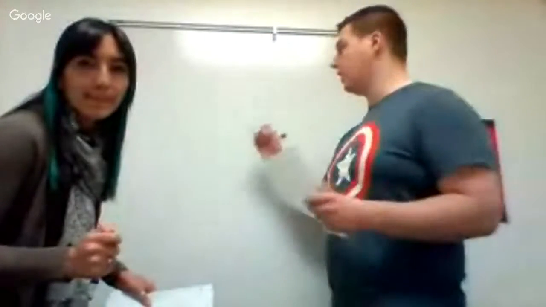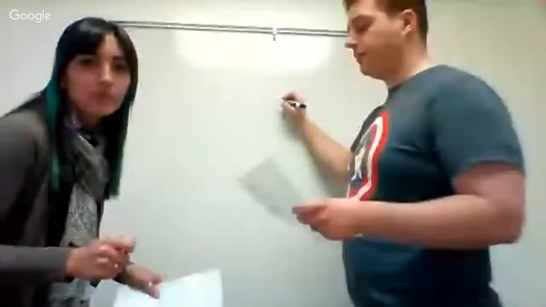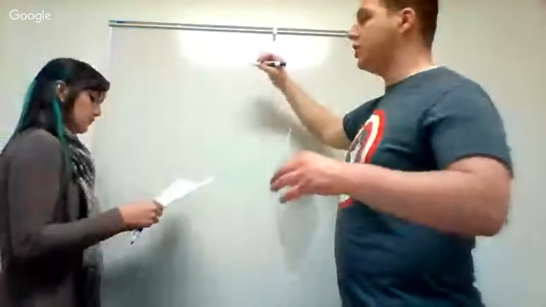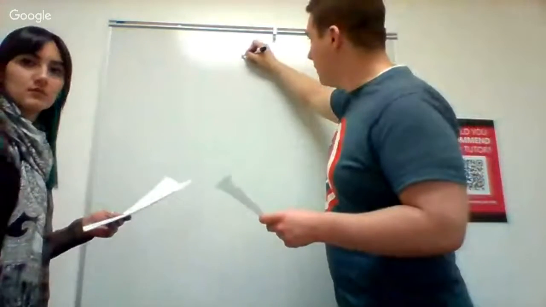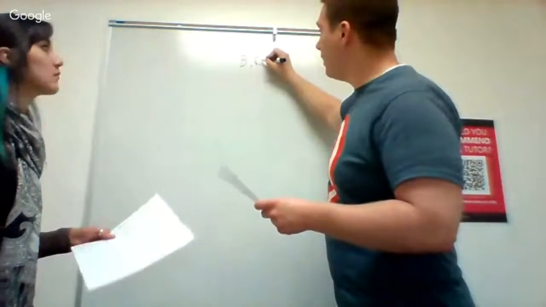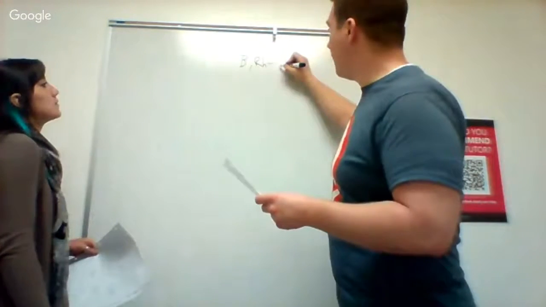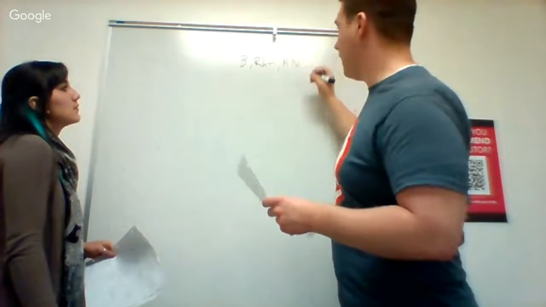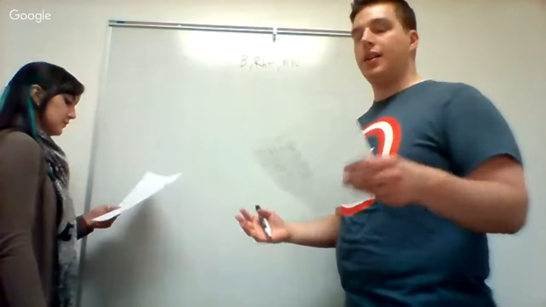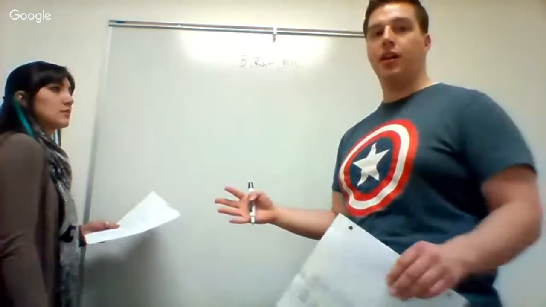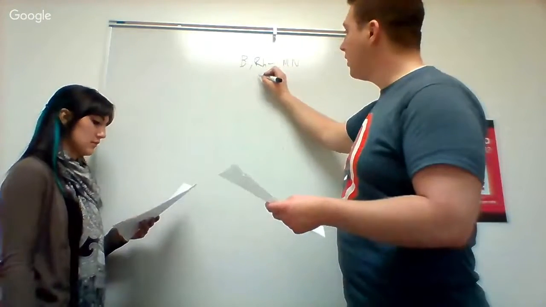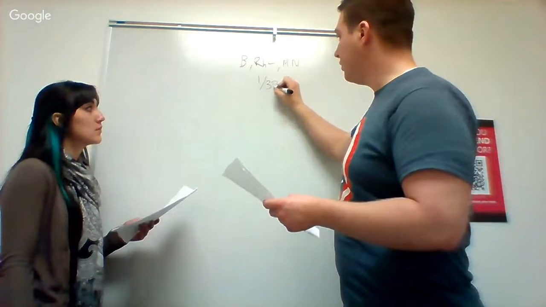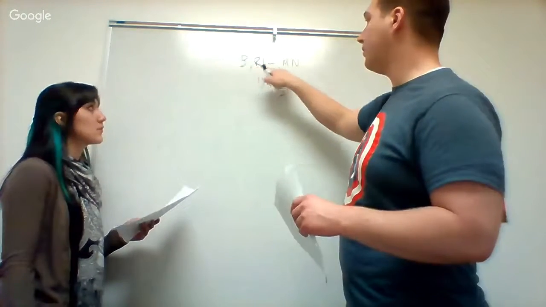It gives the genotypes of the parents, and it asks what the ratio of the genotype of a child with type B blood, Rh negative, and MN would be. So we used the 4-line method with the parents' information, and we ended up getting 1 out of 32 of their children would have this kind of blood.